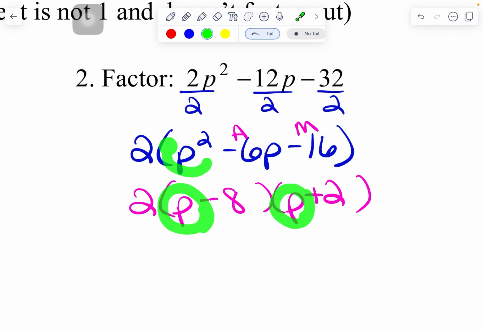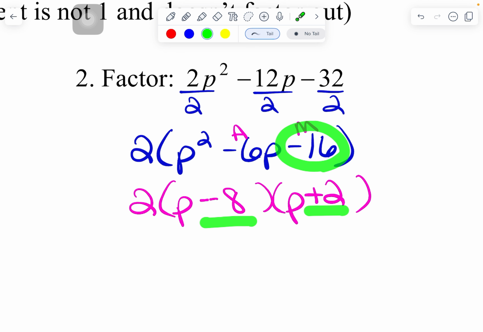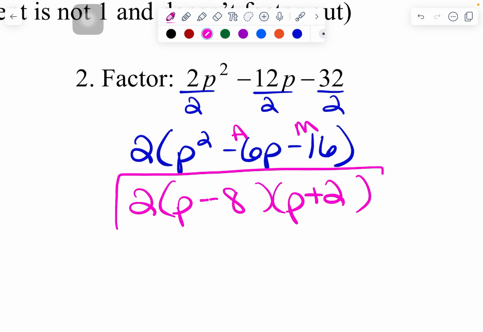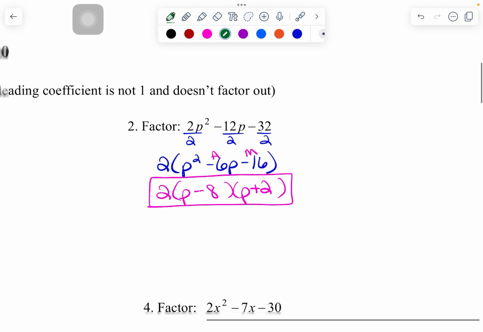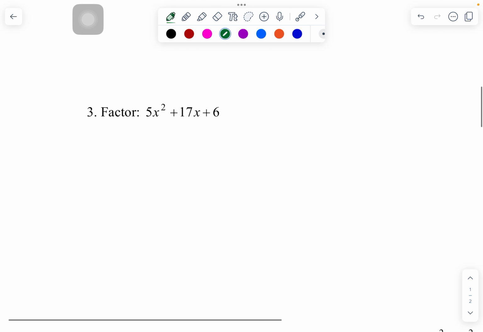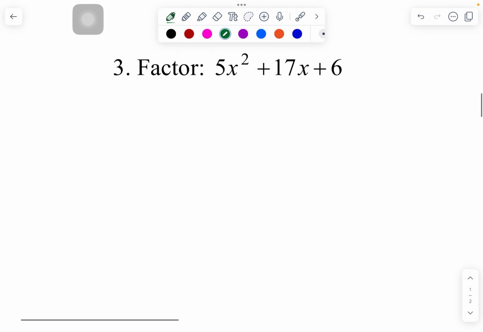P times p is p squared. Negative 8 times 2 is negative 16. Negative 8 plus 2 is negative 6. All right, I've got the right factors here. So that is done. Okay, this is the factoring we've been doing for a while. We've got a GCF, did the trinomial factoring. Life is fabulous.